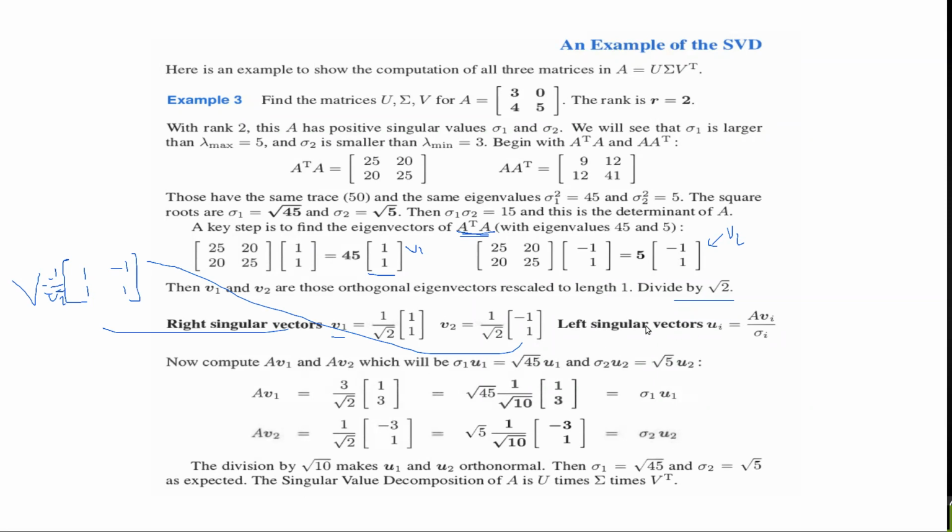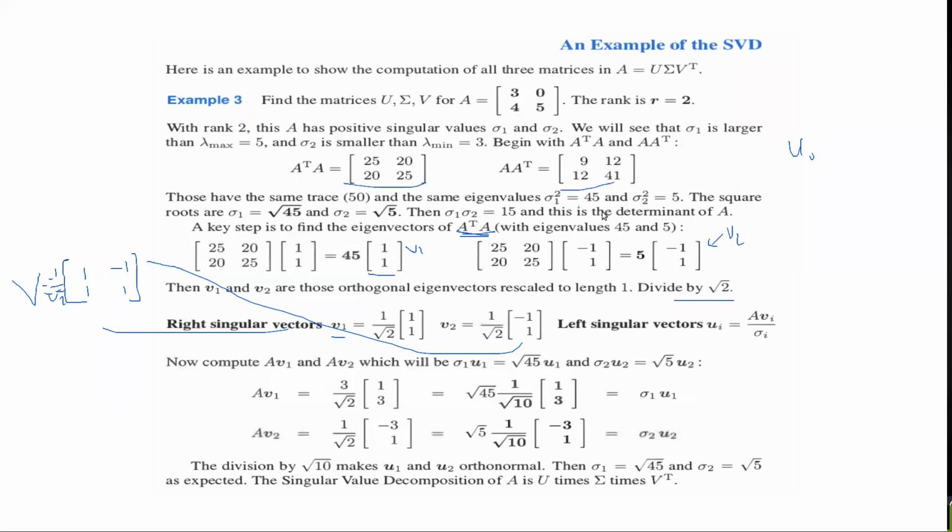And now we have to find the left singular vectors, which are U1 and U2. Technically you have to go through finding them too, because we know that the eigenvalues of these two matrices are the same.